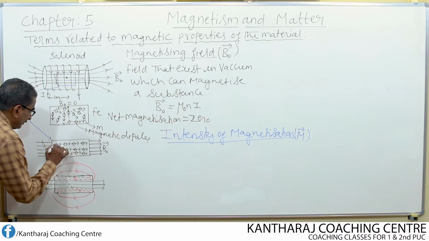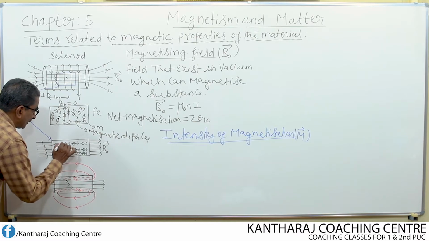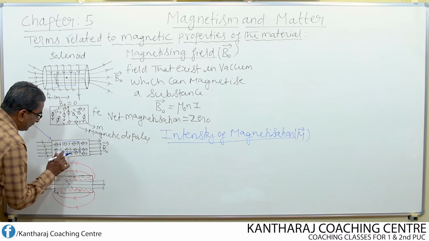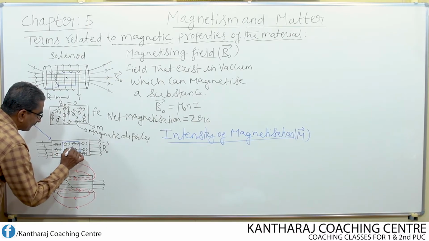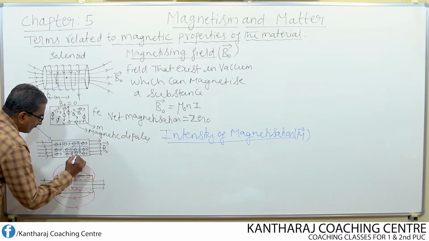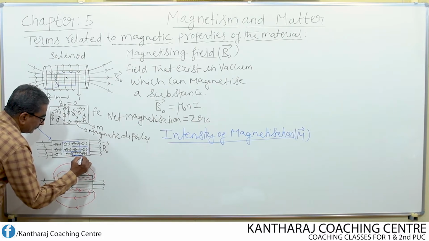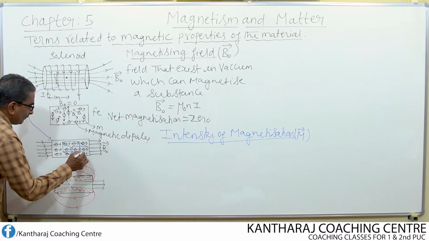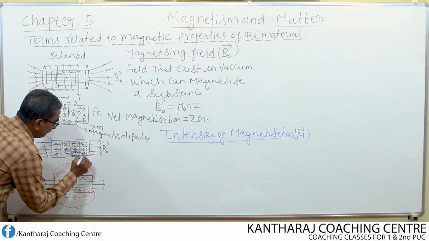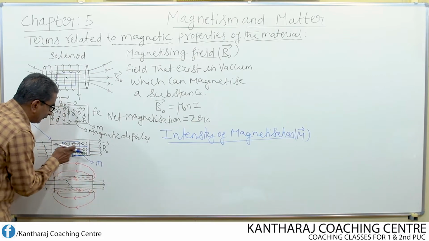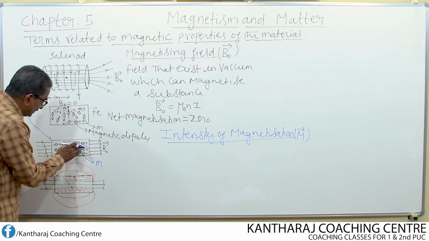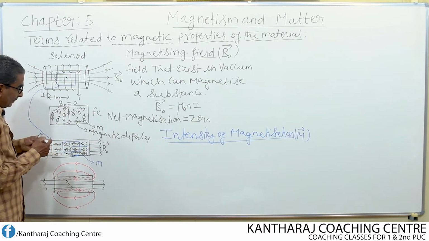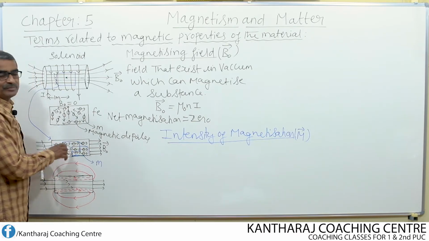Suppose I consider unit volume inside the material, say for example. So in this unit volume, what is the total magnetic dipole moment? If m is the magnetic dipole moment of each magnetic dipole, then in this unit volume, how many dipoles are there totally? Now you take the magnetic moment of all those dipoles.